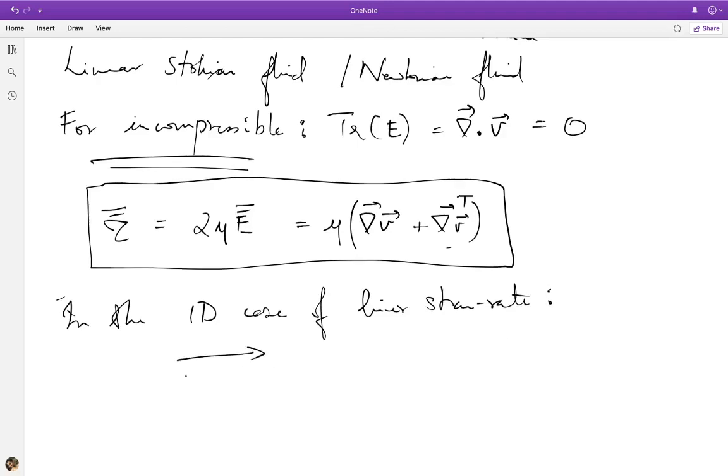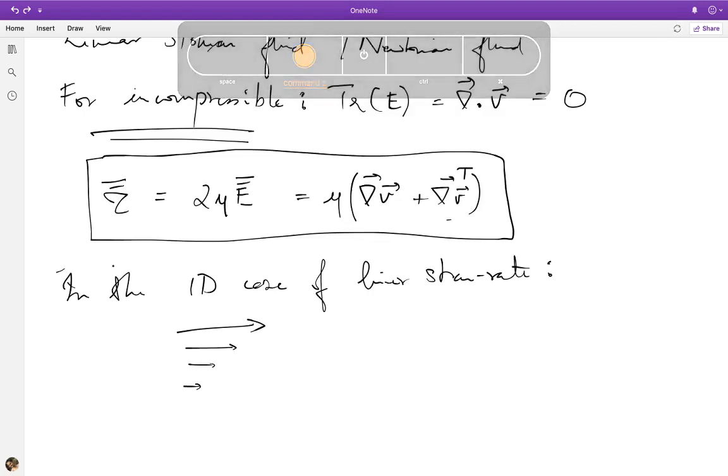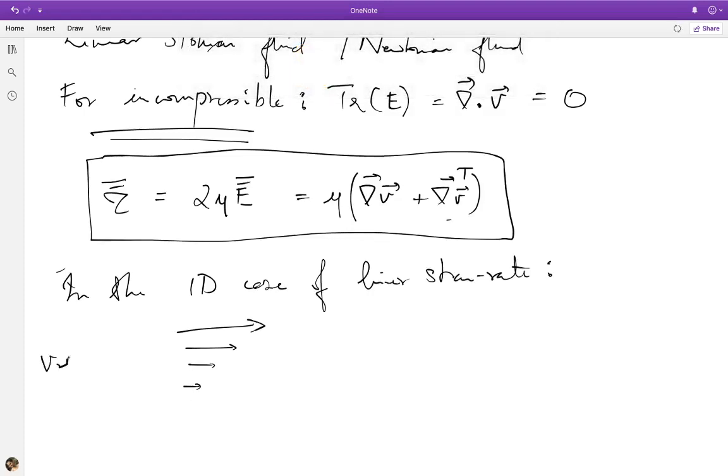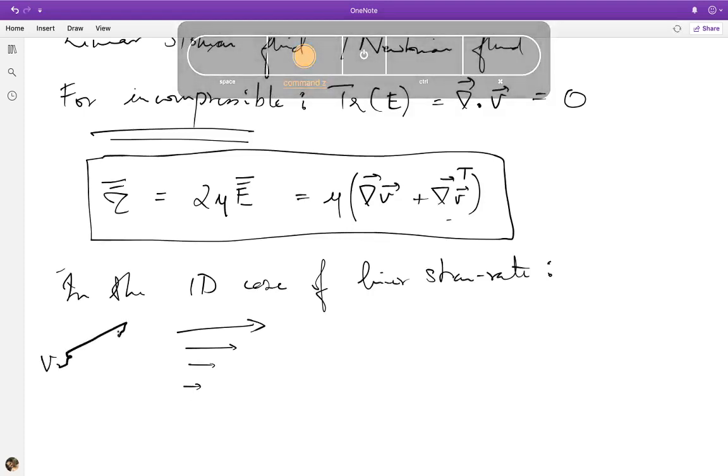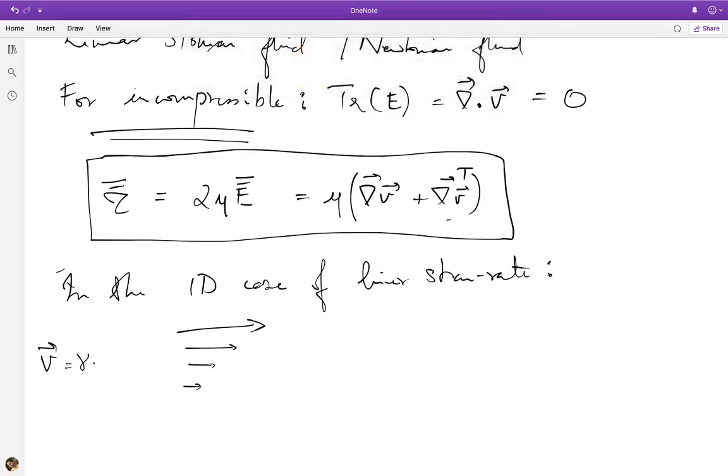So basically the flow we had considered earlier, where there's only velocity in the x direction that depends linearly on the y direction. That gamma here is the strain rate. So for such a case, we can write down the constitutive relation.